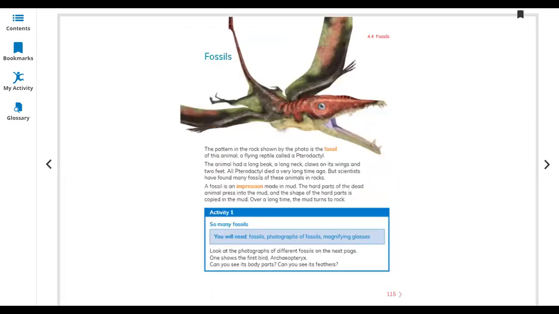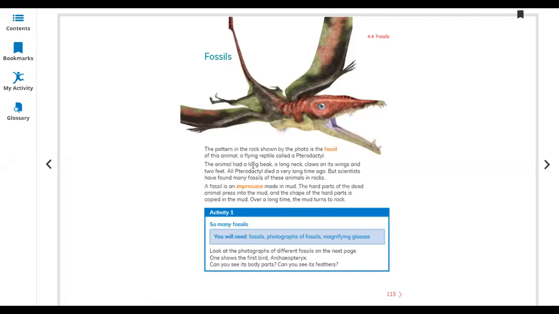The pattern in the rock shown by the photo is the fossil of this animal, a flying reptile called a pterodactyl.